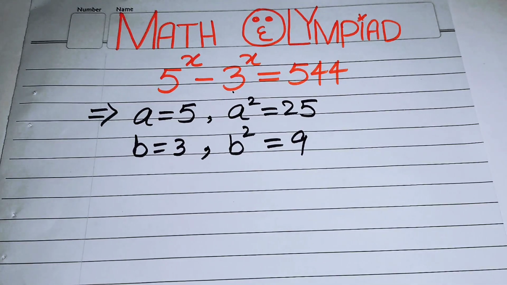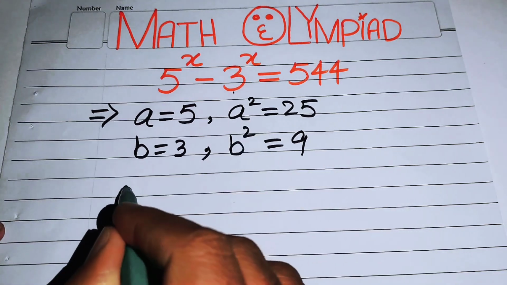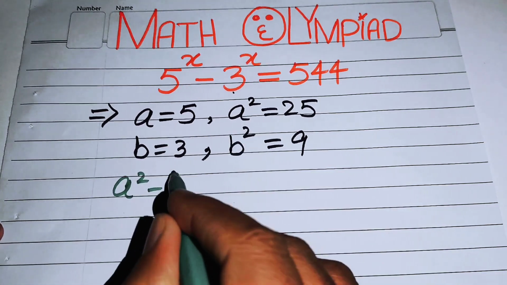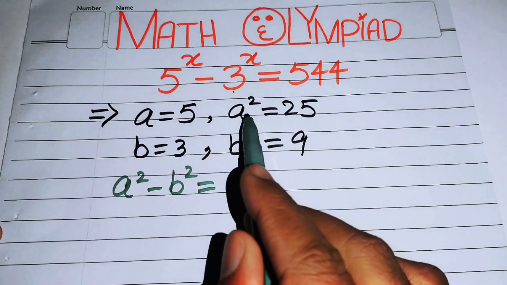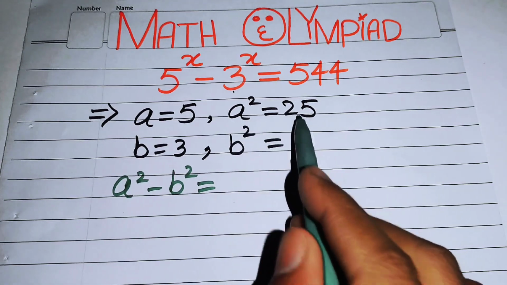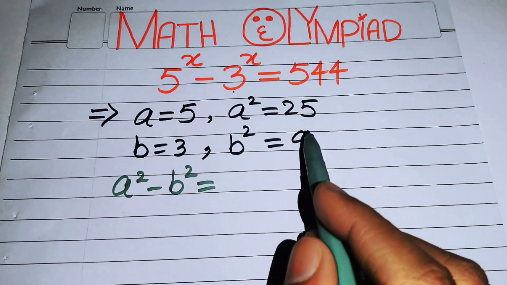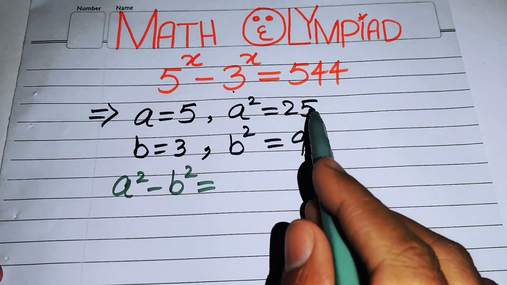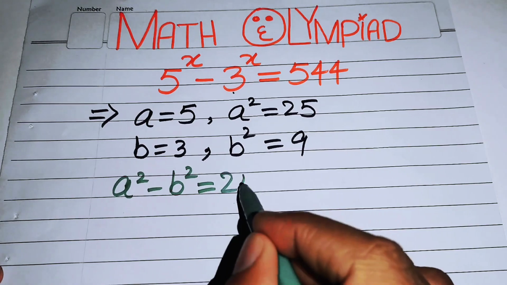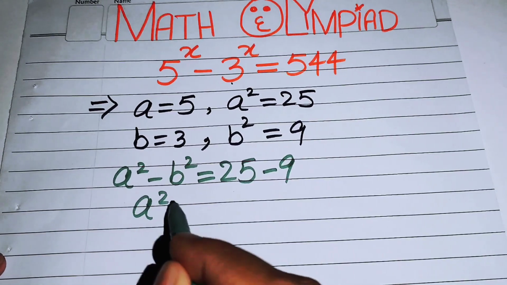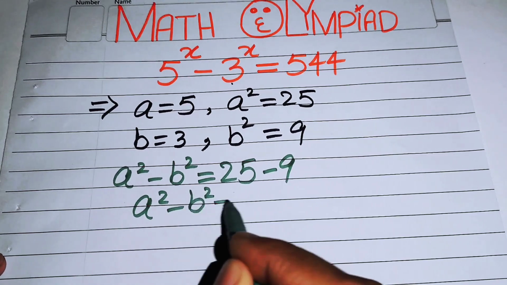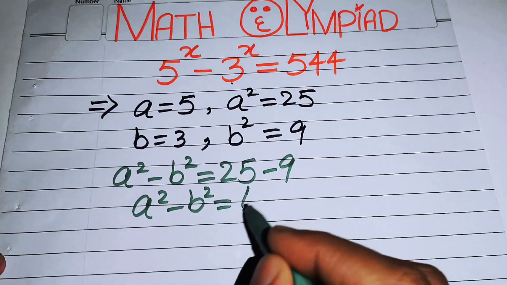Now in the next step we will add or subtract these two values. So a squared minus b squared equals, when you subtract these two equations, 25 minus 9, so we get a squared minus b squared equals 16.